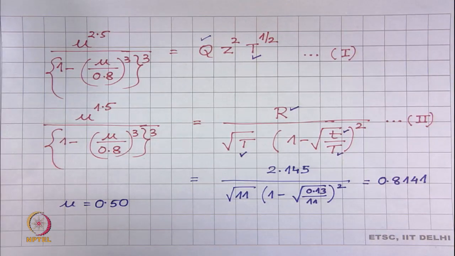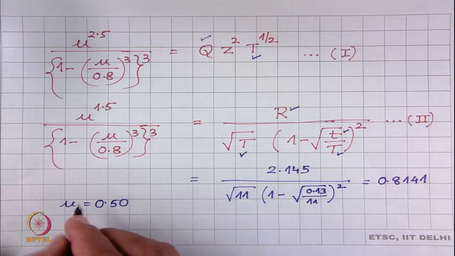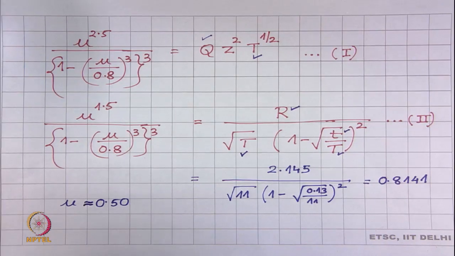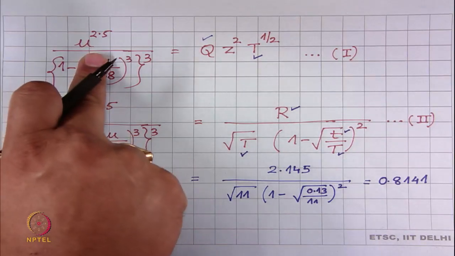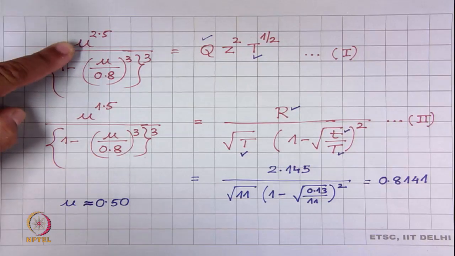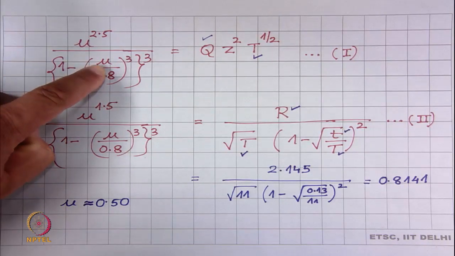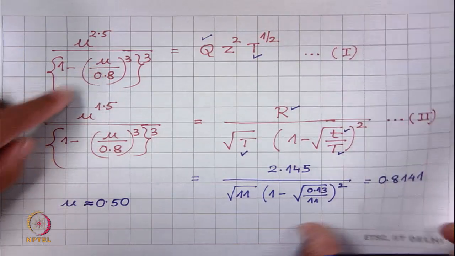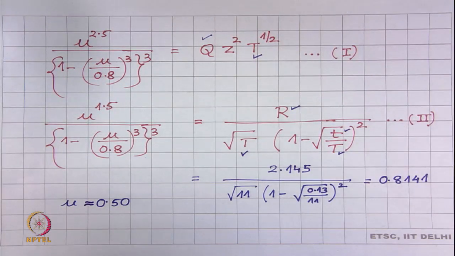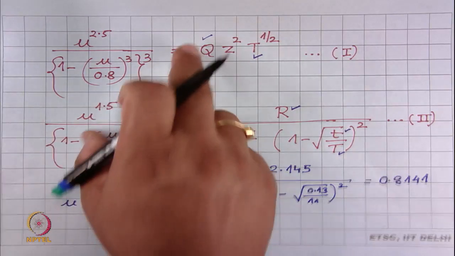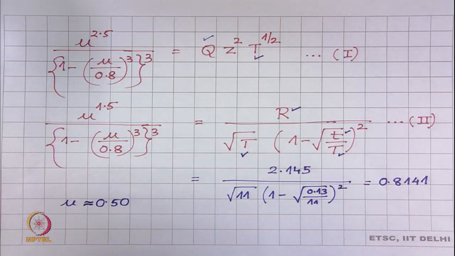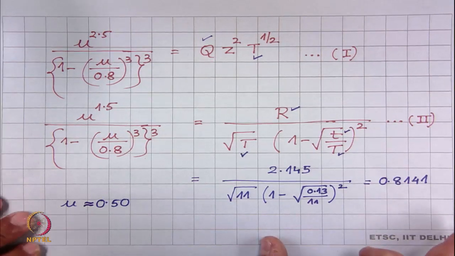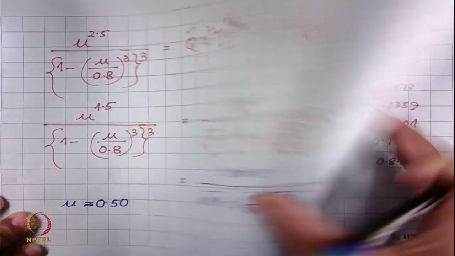So, mu is roughly equal to 0.50. This value of mu now you have to substitute here. If you substitute mu 0.5 here and also here, you will obtain a value of this expression.